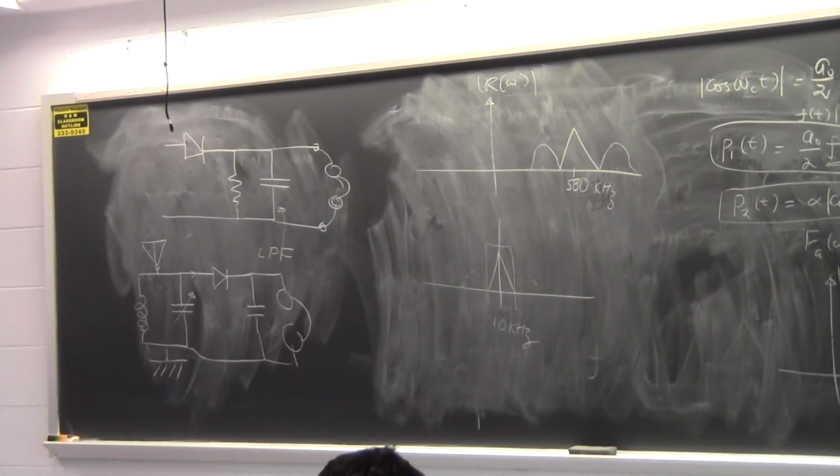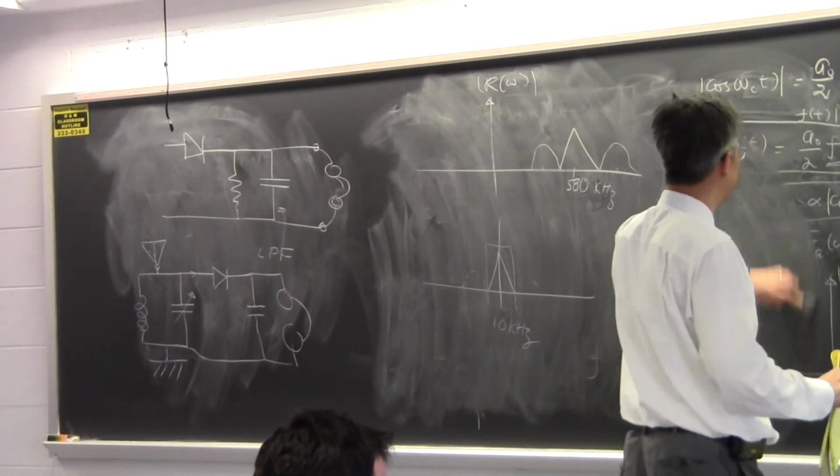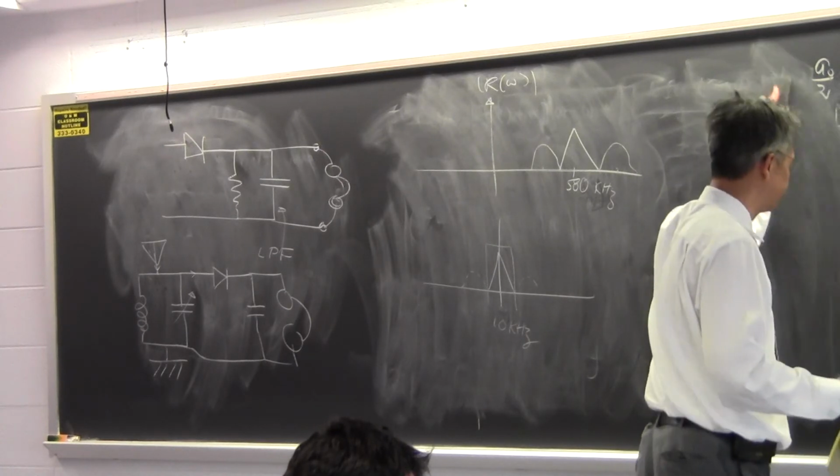And the other radio stations are extremely close by. So it's not easy to do this at this kind of frequencies, because then you need very high quality filters. The answer to this problem then is to use heterodyne detection.